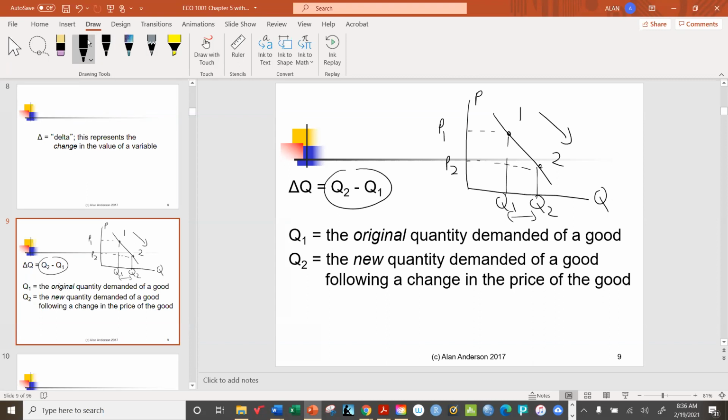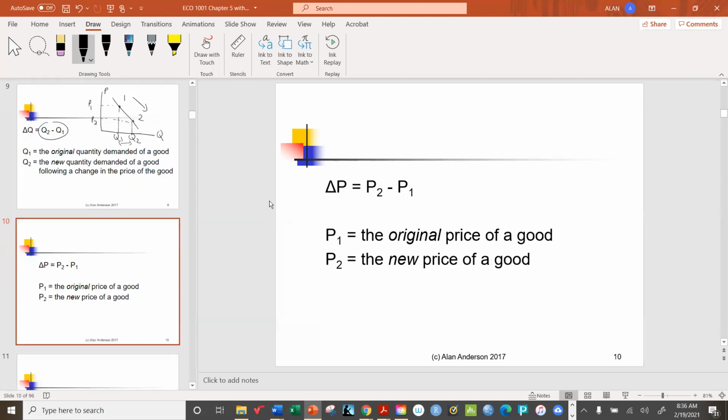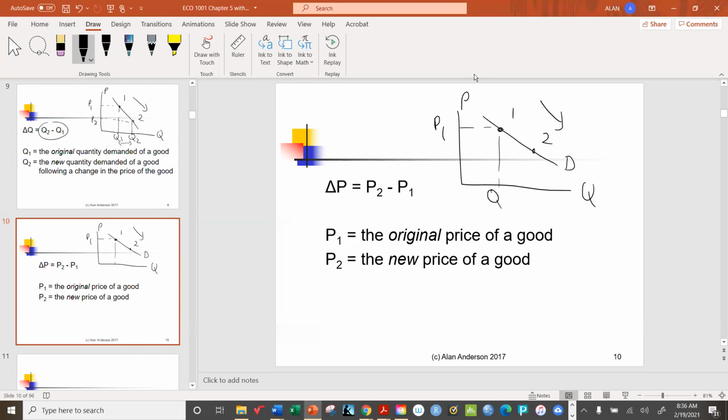Then we can do the same thing for the price. If there's been a change in quantity, it must be in response to a change in the price. And so here you can see once again, given that we're moving along the same demand curve from, let's say, point 1 to point 2, here's P1 and Q1, and here's P2 and Q2.